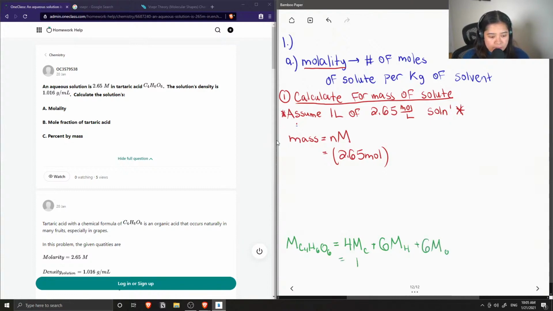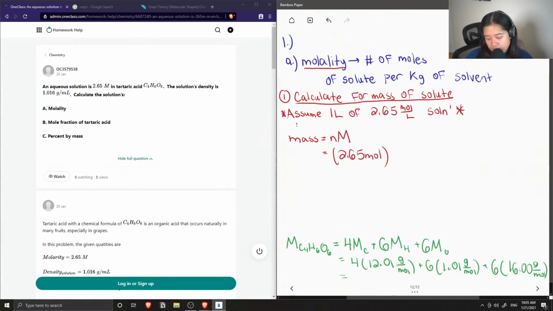So the molar mass of carbon is 12.01 grams per mole. The molar mass of hydrogen is 1.01 grams per mole. And the molar mass of oxygen is around 16 grams per mole.